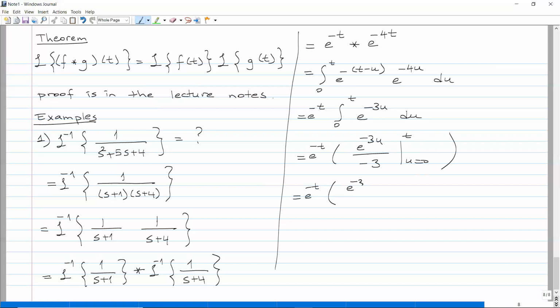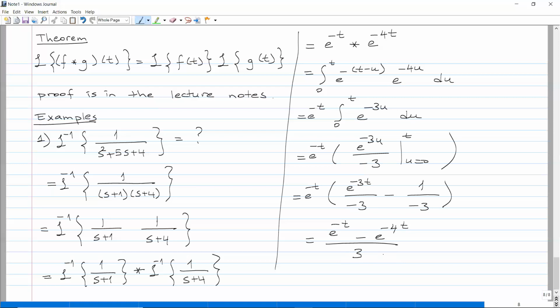So e to the minus 3t over minus 3 minus e to the 0, which is 1 over minus 3. So e to the minus t times that gives e to the minus t minus e to the minus 4t, over 3, I'm sorry, I keep making the same mistake. Okay.